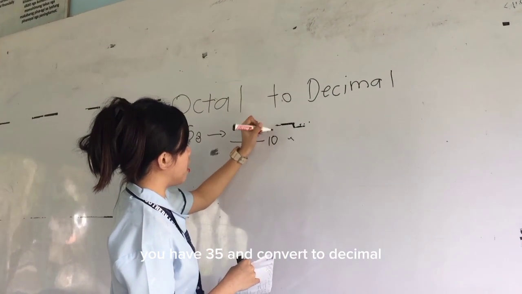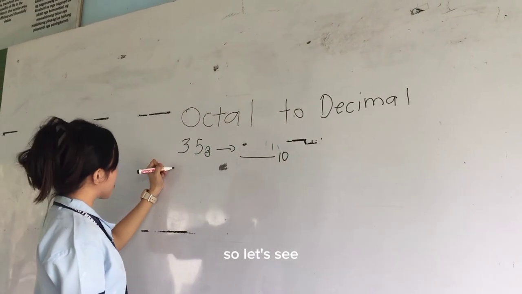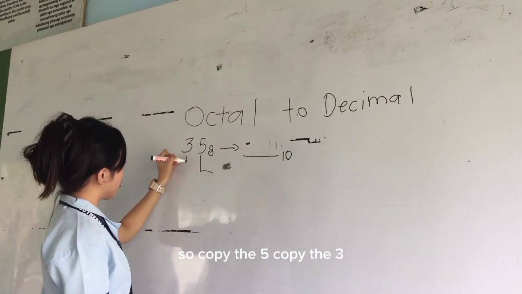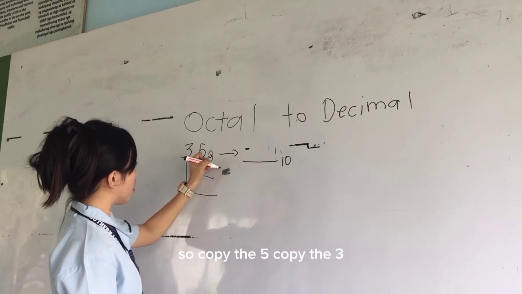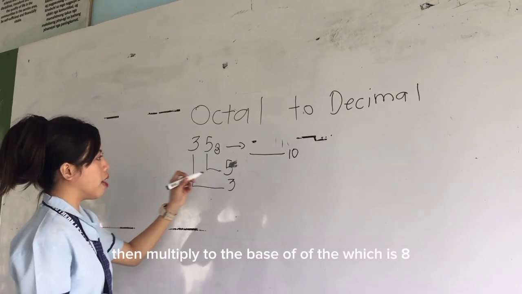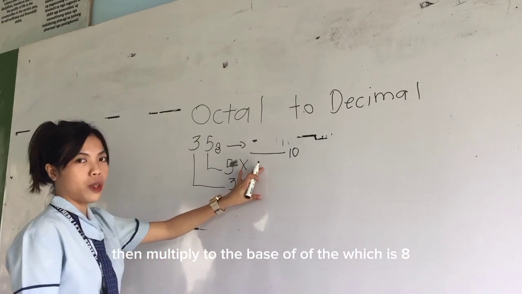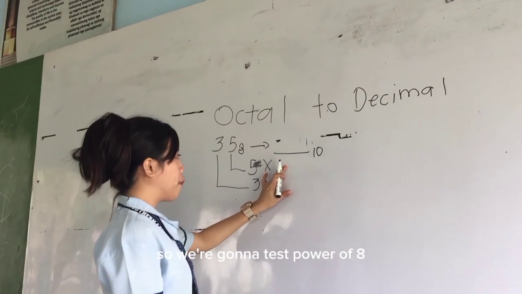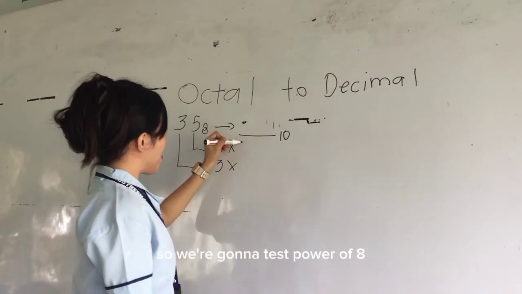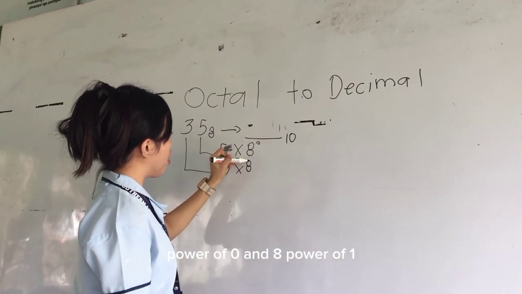The decimal is 10. So let's copy the 5, copy the 3, then multiply to the base of octal, which is 8. So 8 power of 0 and 8 power of 1.